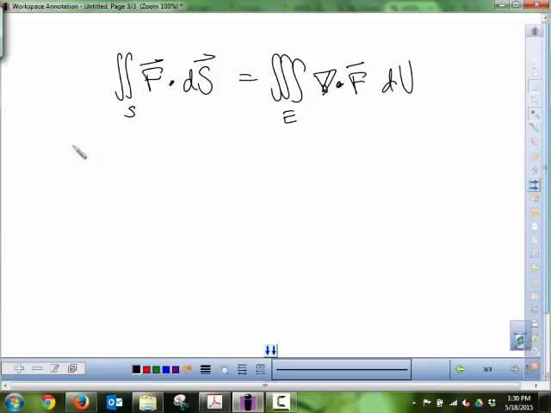All right, let's say F was just a 2-dimensional vector field, because that's what scaling it down to 2 dimensions would be. So F is just a vector field in 2 dimensions, and let's put 0 in for the z component, and let's see what we get.